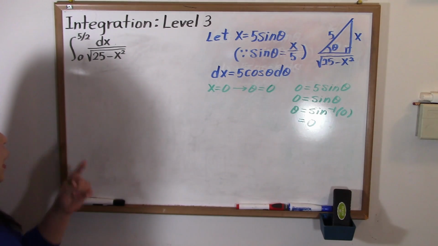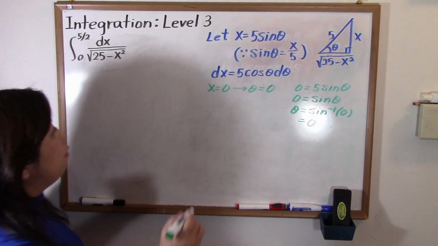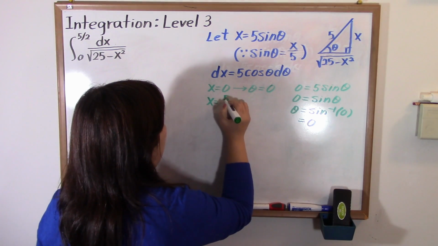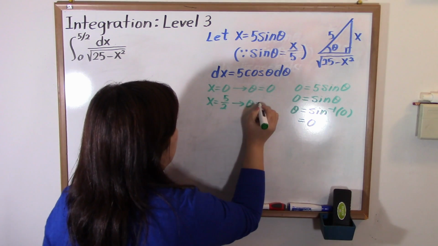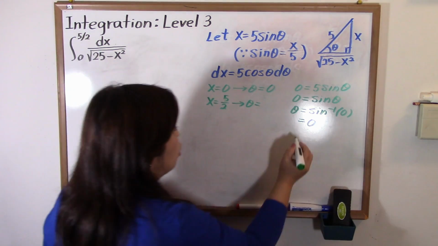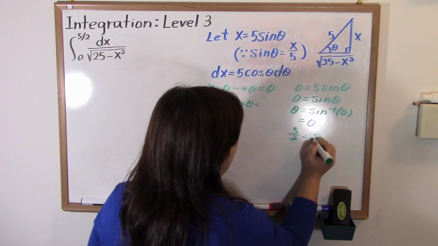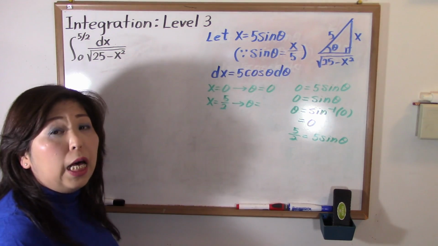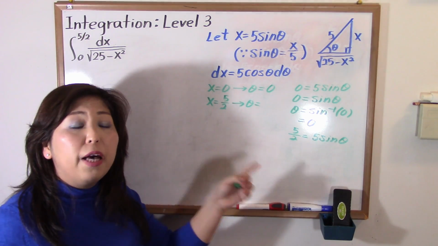Okay? So, next bound, the upper limit is 5 over 2. So, when x is equal to 5 over 2, what is theta? So, 5 over 2 is equal to 5 sine theta, and we're gonna divide both sides by 5.